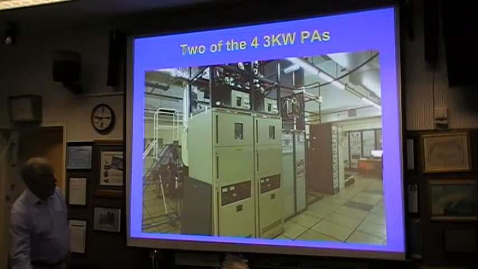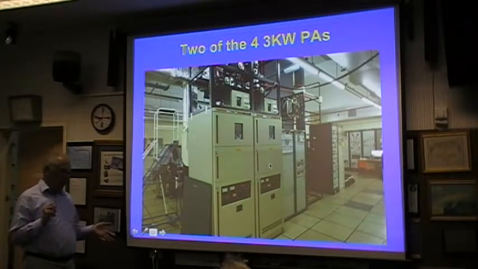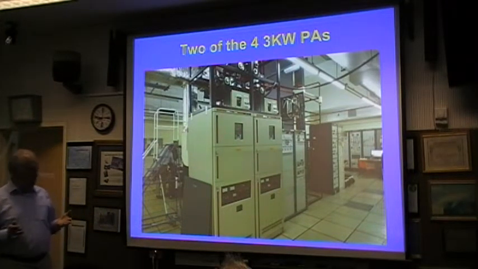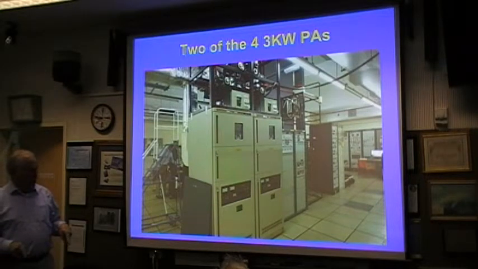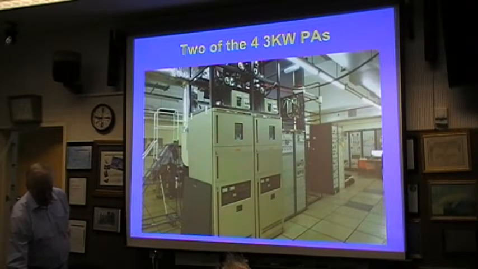On transmit, it transmits left-hand circular and right-hand circular up on 6 gigs, and the satellite was down on 4 gigs. This is one of those, I don't know if it's the left or the right-hand circular polarization transmitter, and it's standby.